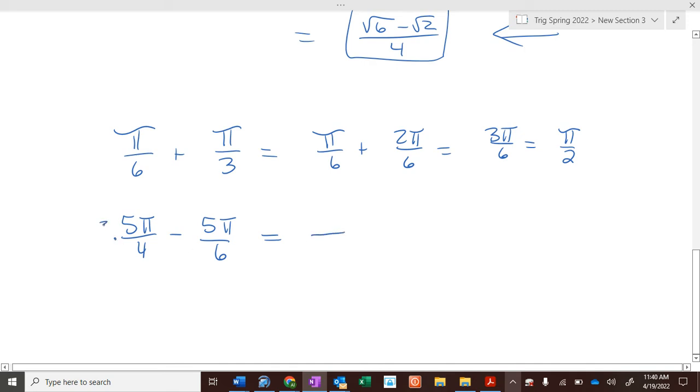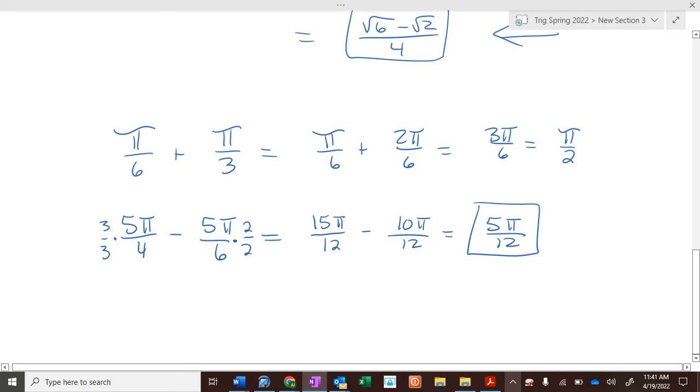So if we multiply this top and bottom by 3, we get 15 pi over 12. This top and bottom by 2, we get 10 pi over 12. So we get 5 pi over 12. Okay? We can add and subtract fractions, right?